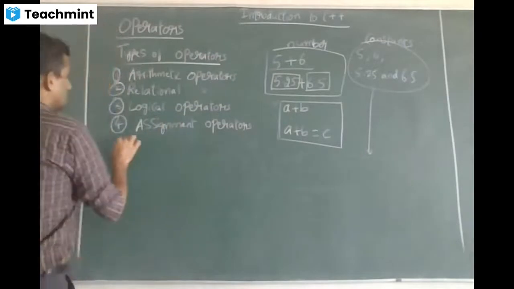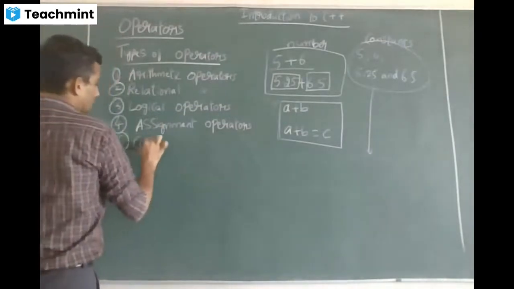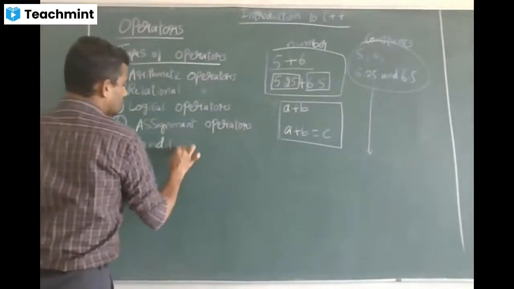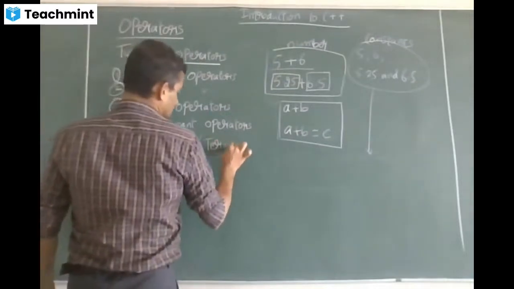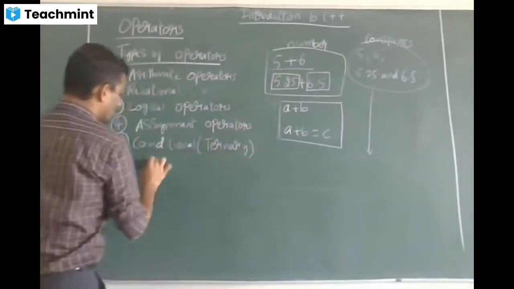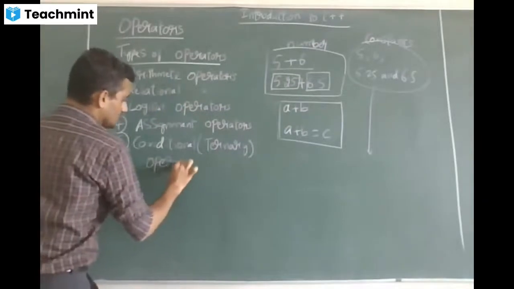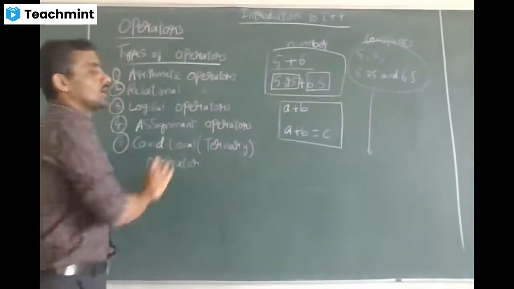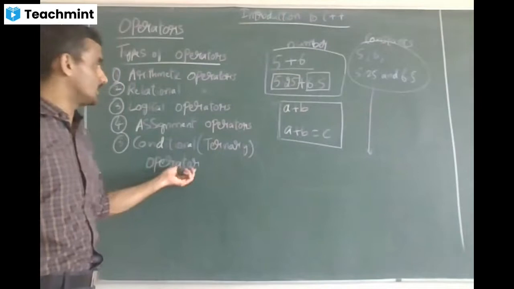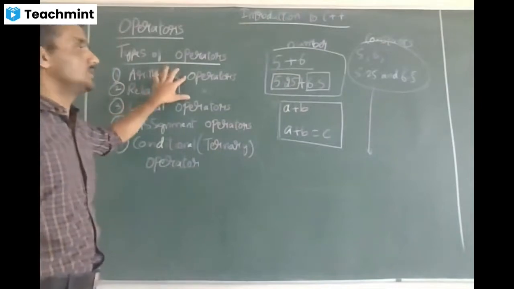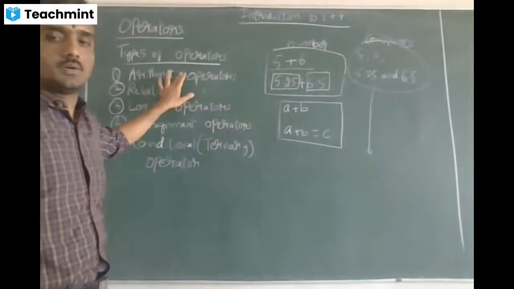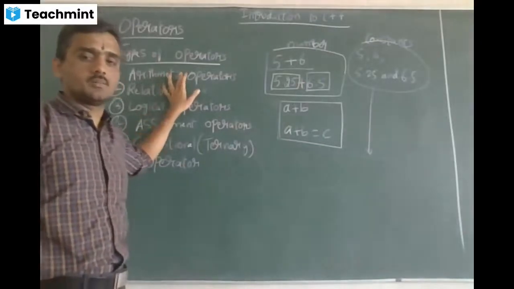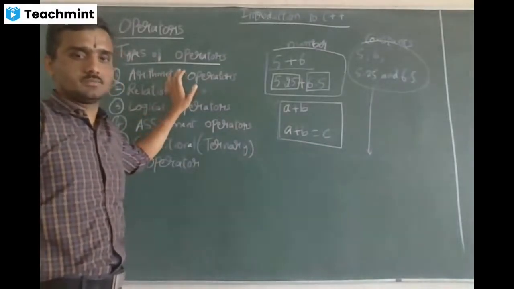Assignment operator. Then I can say conditional, also called the ternary operator. So in the 5th category, we have only one operator. But in arithmetic operators, we have 5: plus, minus, division, mod. Sir, 6th and 7th is operator.